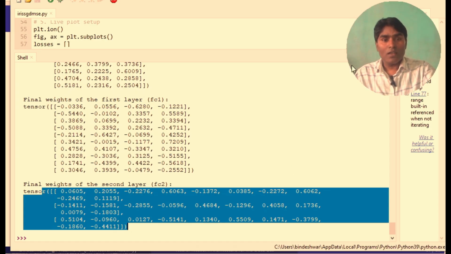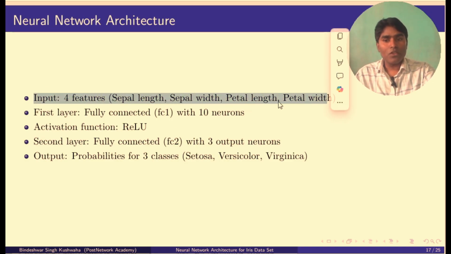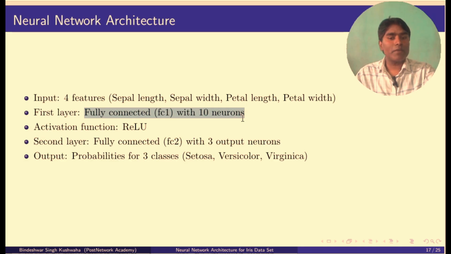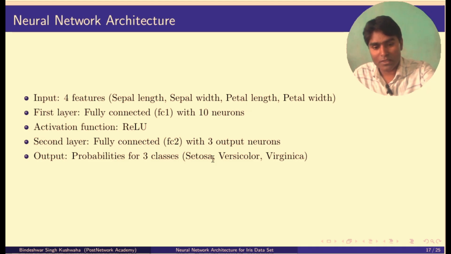So let us see that here. Again, I am explaining the neural network architecture. First, a fully connected layer with 10 neurons and ReLU activation function. Second layer, 3 output neurons and 3 probability classes: Setosa, Versicolor and Virginica.